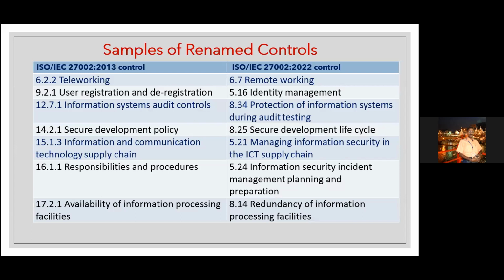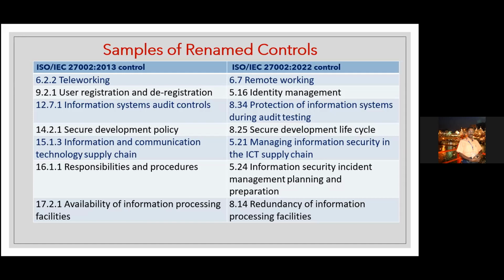This covers either your employees or third-party workers who connect to the information systems of an organization remotely. There we need to implement all the controls at 6.7. User registration and deregistration was earlier; it has been renamed as identity management, which is a broader scope to look at and implement.